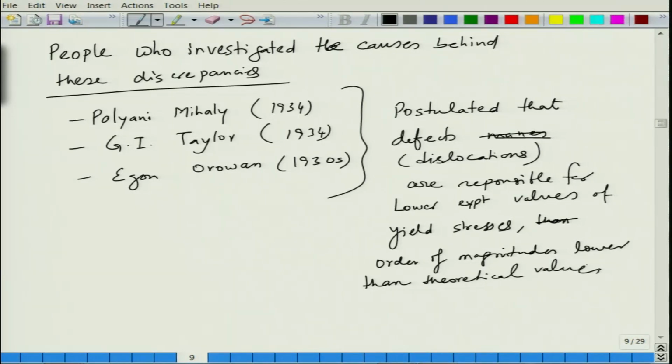So, basically these are the people who postulated dislocation theory and the role of dislocations in reducing the strength of materials.